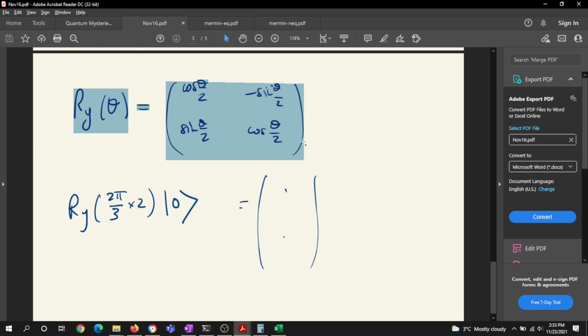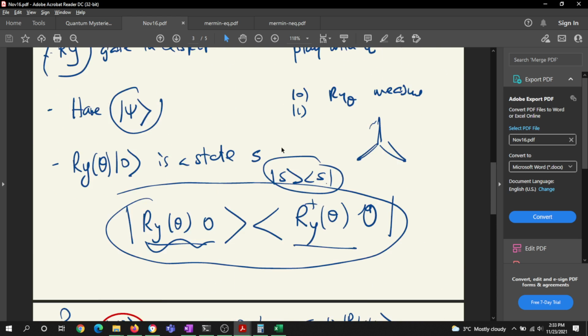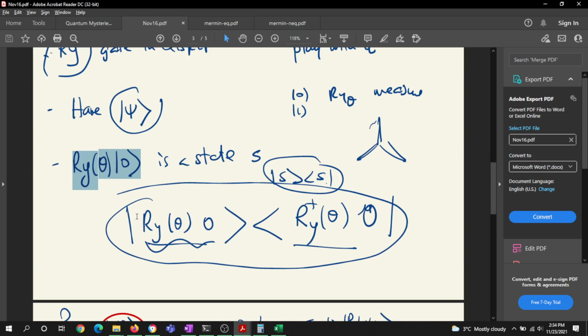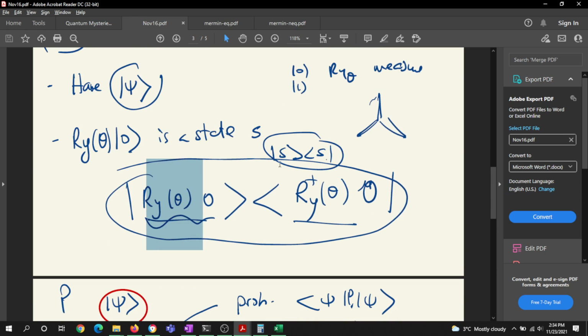But what we do need to do is build this projector and measure it on a certain qubit, either 0 or 1, and we need that state built into the projector. So we have a projector built up of this rotation matrix and then some qubit, either 0 or 1. Here we're using an example of 0 from last week in the November 16th slides.